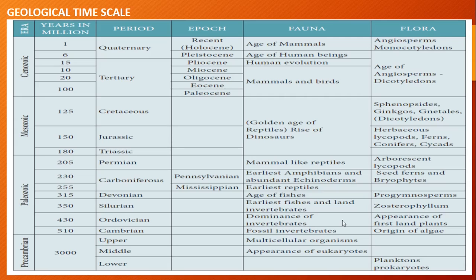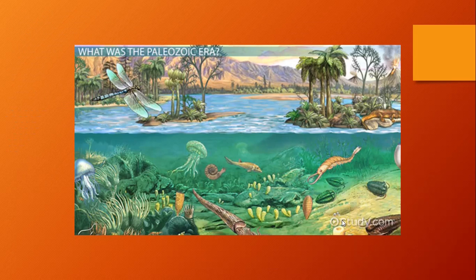One question may be asked from this part, so study well. You see the diagrams. This is the Paleozoic era. More invertebrates developed in the aquatic forms. You see the more invertebrates developed in the Paleozoic era, and some fishes also developed in the Ordovician period.